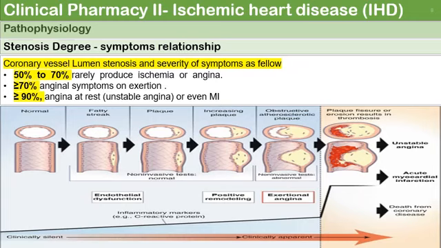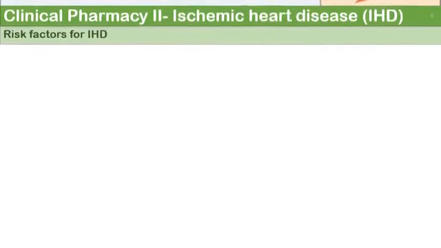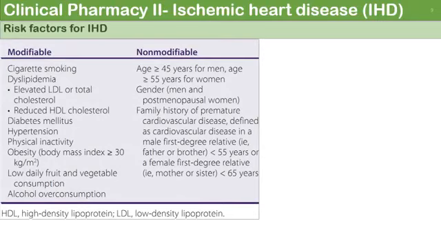When there is damage to the plaque and clot formation and occlusion of more than 90%, unstable angina occurs at rest, and sometimes ST segment or non-ST segment elevation MI will happen. The condition converts from chronic stable to an acute form, acute pain.